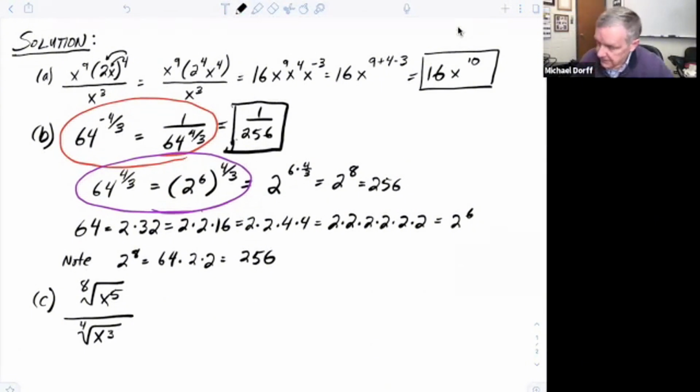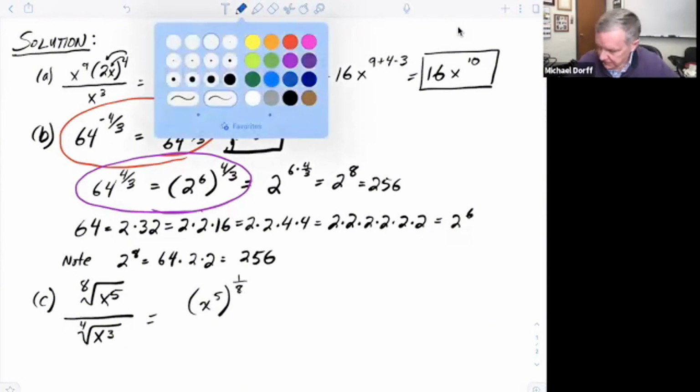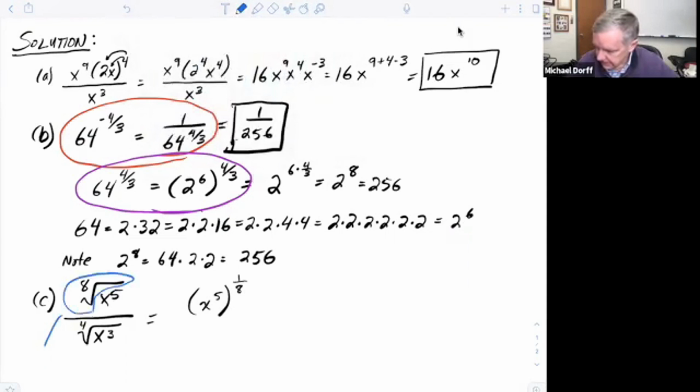So what does this mean here? This radical with an 8 out front means the 8th root of it. So I can think of the top as x to the 5th, all over... Now when I do the 8th root of it, that means it's the same thing as the 1/8 power.